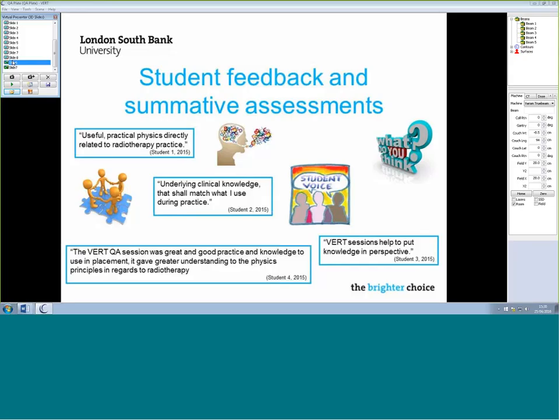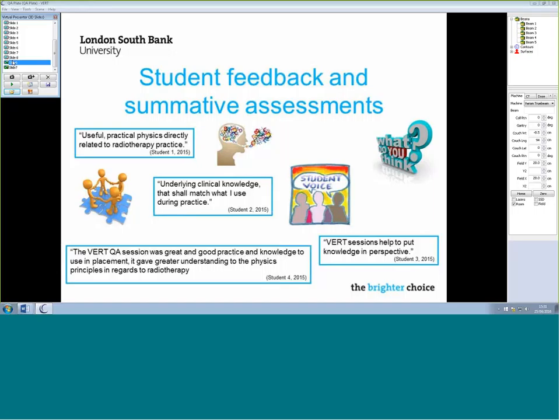The feedback came through the university module evaluation questionnaires, which identified that 100% of students acknowledged that they could establish clear professional links throughout the module. Over three quarters of the students acknowledged VERT specifically within their written comments, with all of these requesting more VERT sessions. Some of the comments you can read on your screen there.